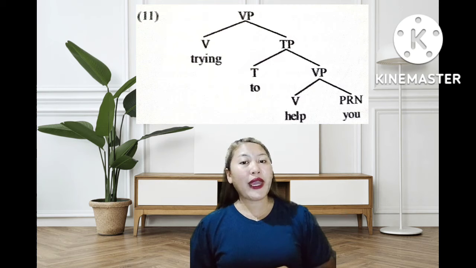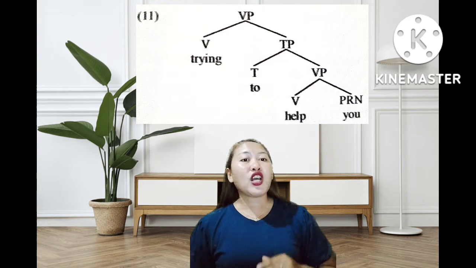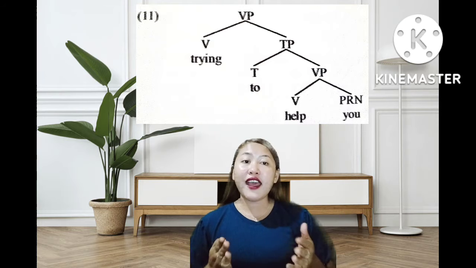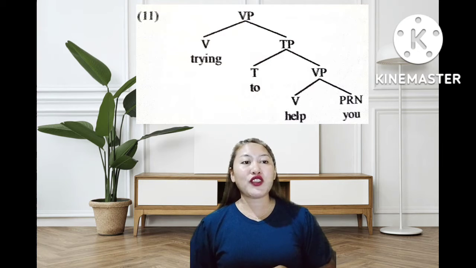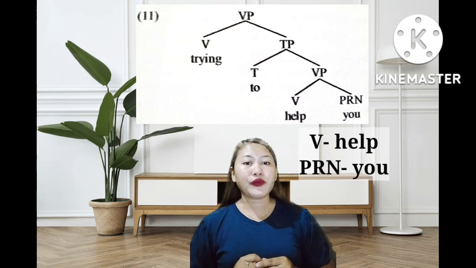Likewise, it obeys the binarity principle, in that the verb phrase help you branches into two immediate constituents, in the sense that it has two constituents immediately beneath it, namely the verb help and the pronoun you.